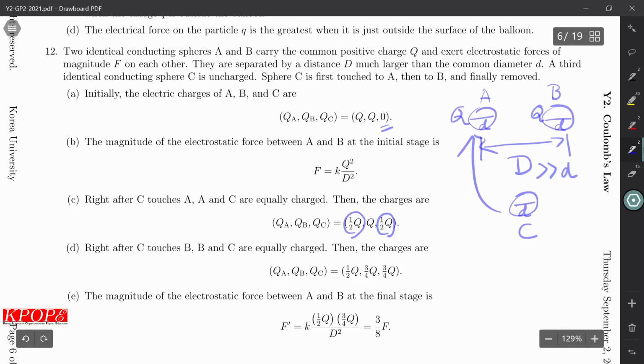Initially C was uncharged and only A and B were charged with Q, but after the touch between A and C, the charges of A and C become Q/2.